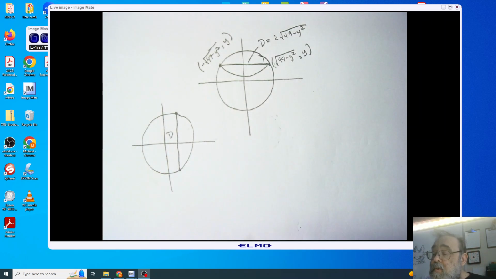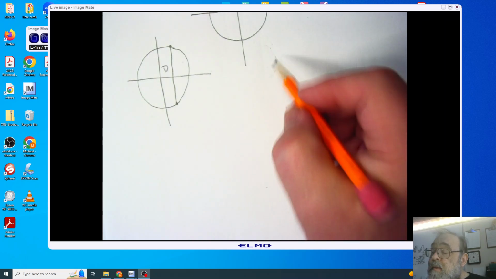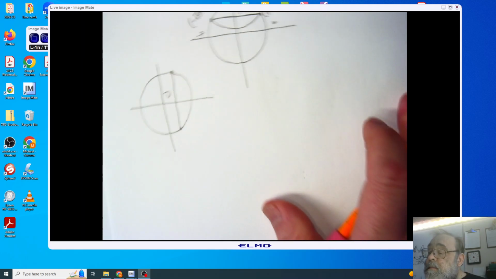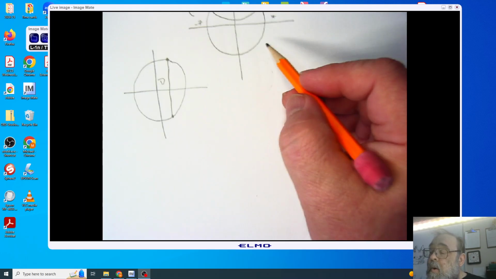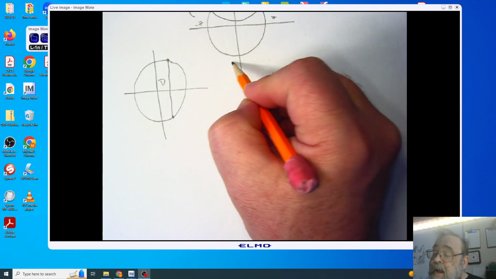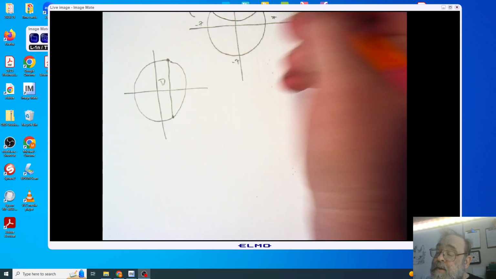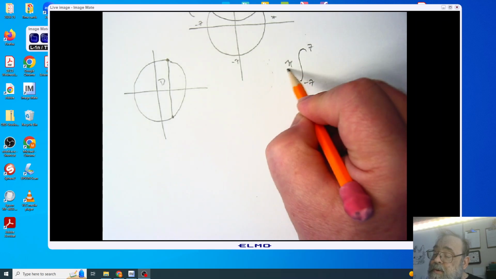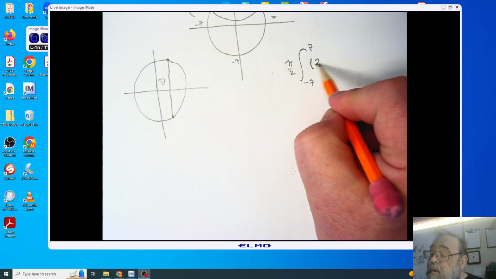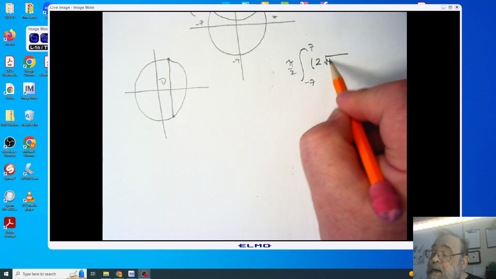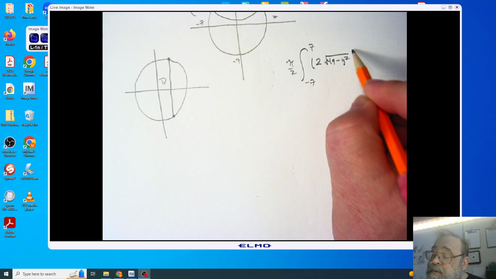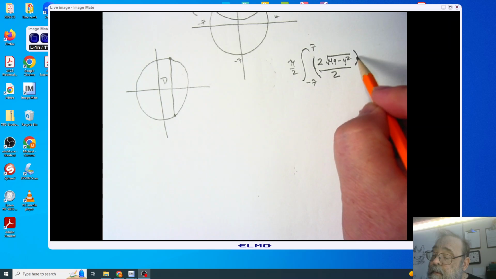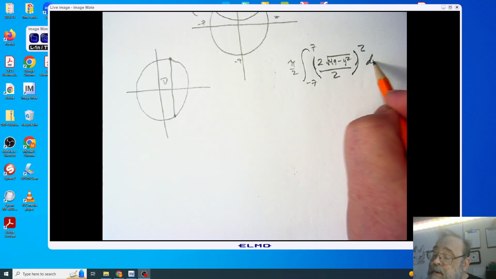All right, so whether you decided to use the negative 7 to 7, and we're going along our axis from negative 7 to 7 on this one, I'm going negative 7 to 7 pi over 2 for 2 of these square root 49 minus y squareds, and I want my radius, so I'm going to divide it in half, and then I'm going to square it dy.